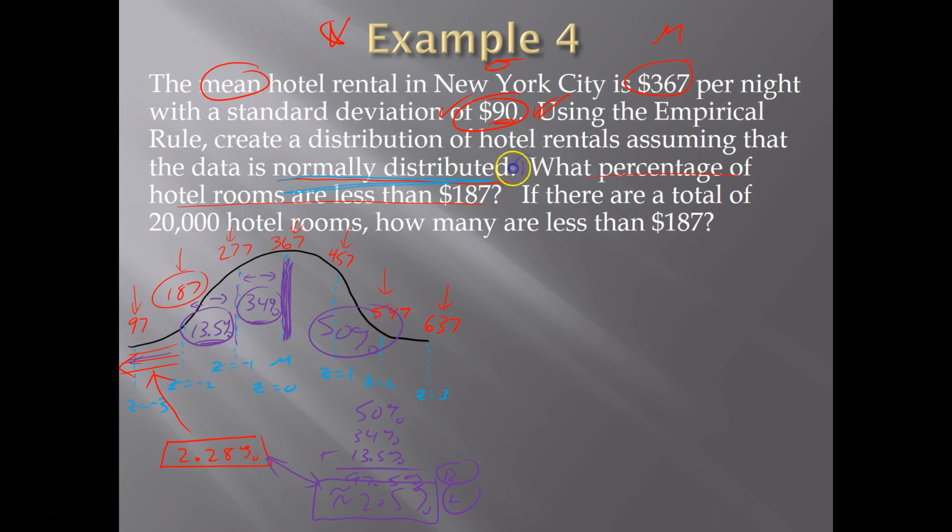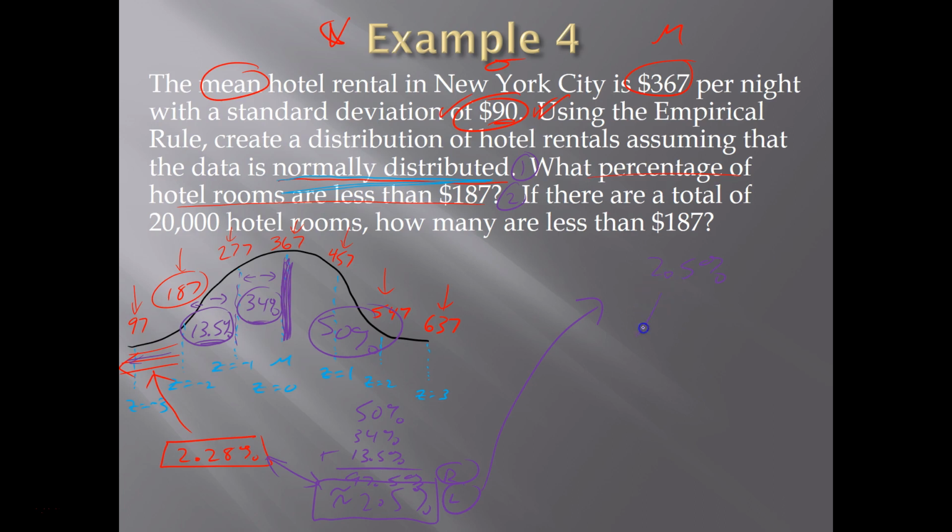So the first question was, what percentage of hotel rooms are less than $187? Now the second question says, if there are a total of 20,000 hotel rooms, how many are less than 187? Now we know the percentage is 2.5%, but I don't want to know the percentage. I want to know the actual number of hotel rooms.